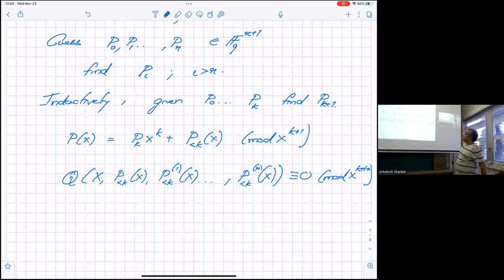Did you truncate and then take the derivative, or are you looking at the less than k part of the first derivative? The less than k part of the first derivative. Okay, that is fine. The other option could be that you first truncate, look at the lower degree terms of p, and then take its derivatives of order 1. That will have degree k minus 1. Yeah, okay. So that's what.